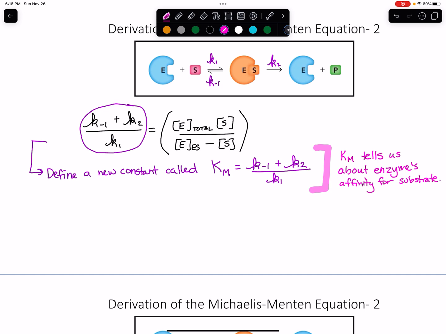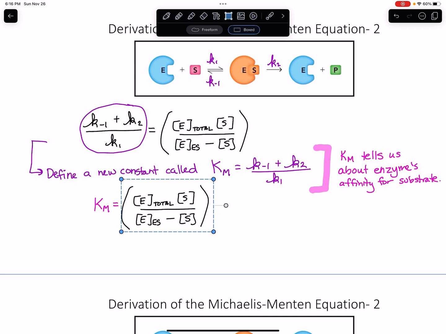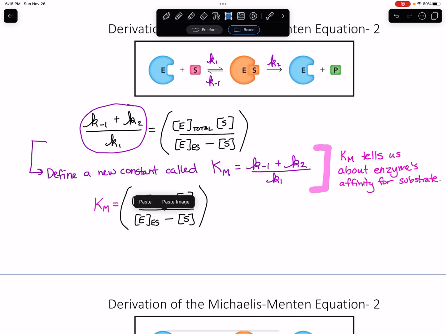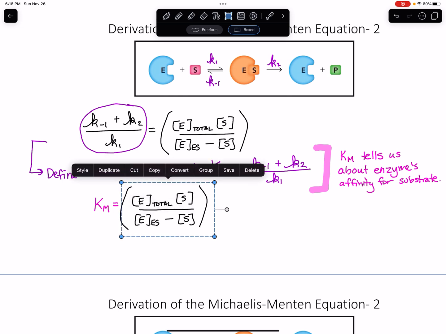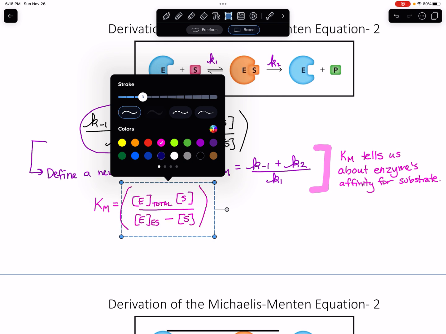All right, so now we have a new constant, and we can write our equation in terms of that. We can say Km is equal to, and for the purposes of being speedy, I'm going to put that on the other side and make it all the same color.